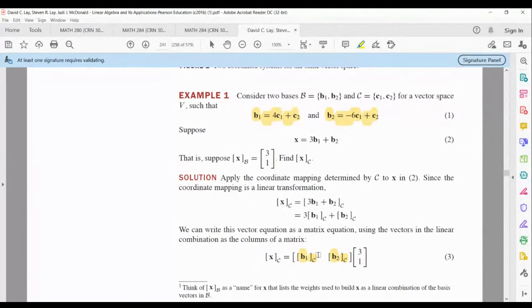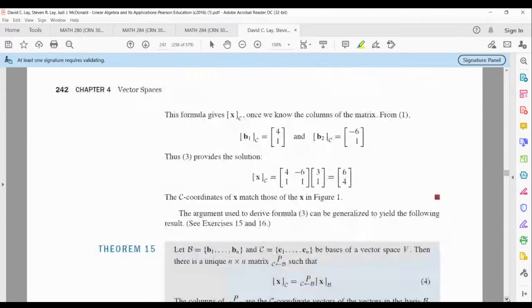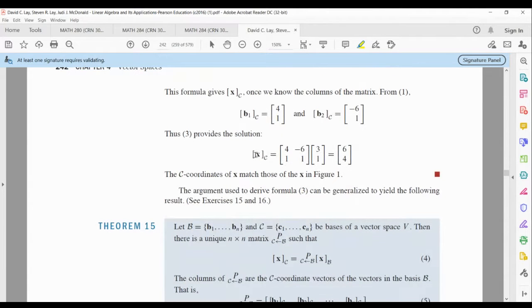If there are no questions, I'll go down a little bit. So we established the coordinate vectors of b1 with respect to C and b2 with respect to C: (4, 1) and (-6, 1).